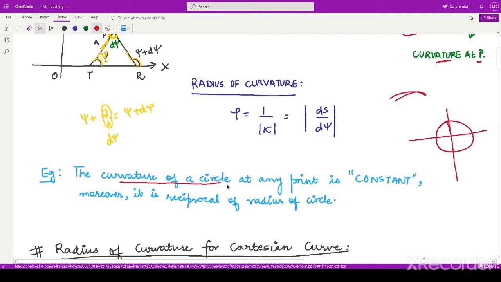So the curvature of a circle at any point is a constant quantity, and moreover it is the reciprocal of the radius of the circle. The radius of one particular circle never changes and it remains constant, so the curvature would also remain constant. So this is an example.